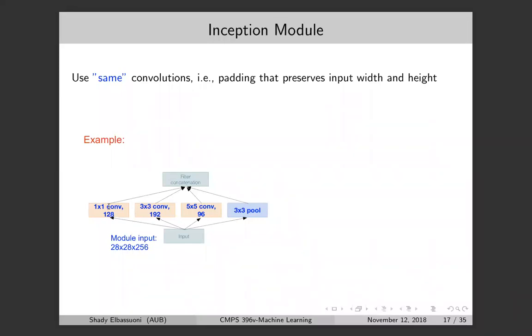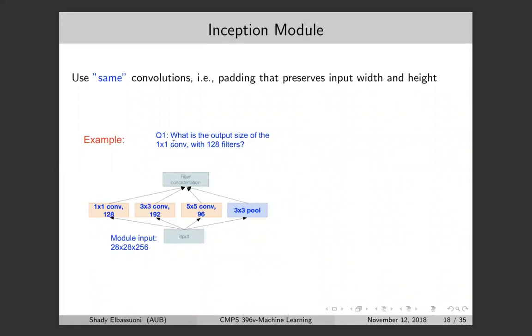I'm going to apply 128 1 by 1 convolutions, 192 3 by 3 convolutions, 96 5 by 5 convolutions, and 3 by 3 pooling.